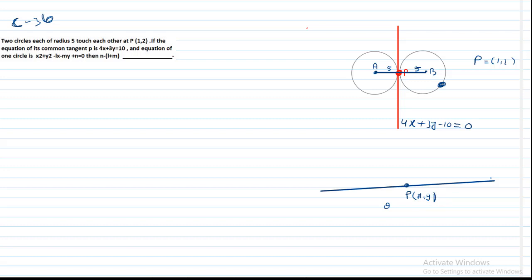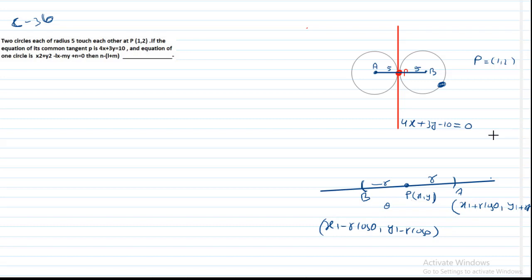By using the symmetric form of a straight line concept, you can find two more points on the same straight line which are r units from P. For example, this is one of the points A, r units from P. Similarly, one more point exists, say B, which is also r units from P. So the coordinates of A are taken as x1 plus r cos theta, comma y1 plus r sin theta. Coordinates of B are taken as x1 minus r cos theta, comma y1 minus r sin theta. Or you can say this is A, this is B, that's not a big problem.